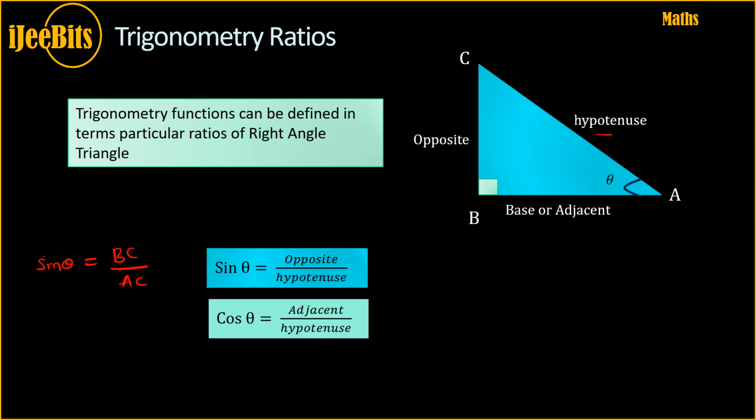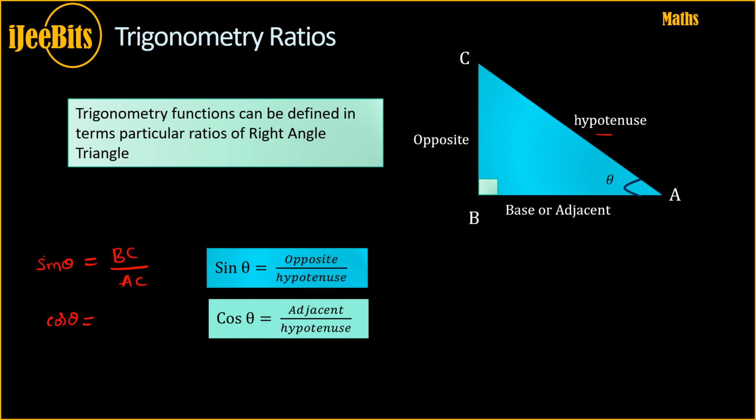Similarly, cos theta equals adjacent by hypotenuse. What are the units for this? These are angles. There are no units because you are dividing length by length, so the ratio is without units. So cos theta is adjacent by hypotenuse.